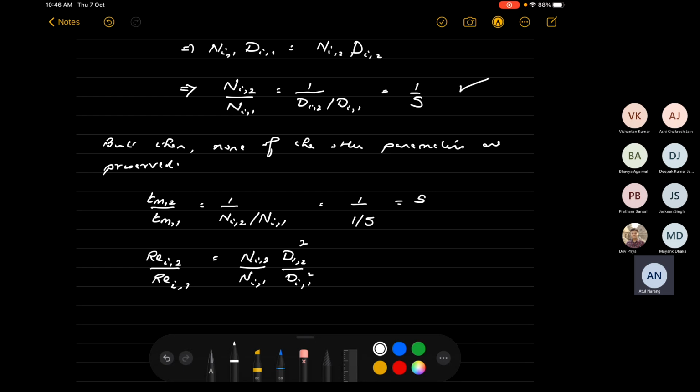So you can see that basically this is Ni2 over Ni1 multiplied by Di2 divided by Di1 squared. Well, Di2 over Di1, we have a system in which this ratio is basically 5.